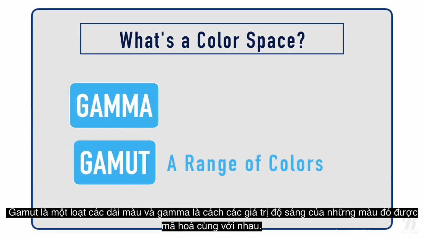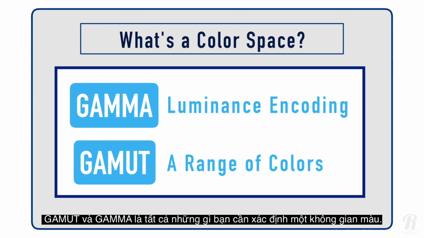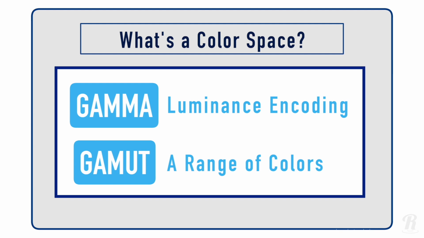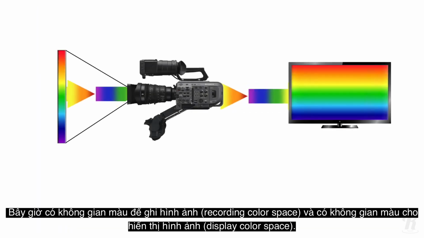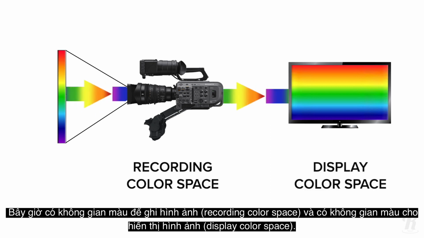Okay, so gamut is a range of colors, and gamma is how the brightness values of those colors get encoded. Together, gamut and gamma is all you need to define a color space. Whenever you hear the phrase color space, you should ask yourself, what's the gamut? And what's the gamma? Now, there are color spaces for recording images, and there are color spaces for displaying images.